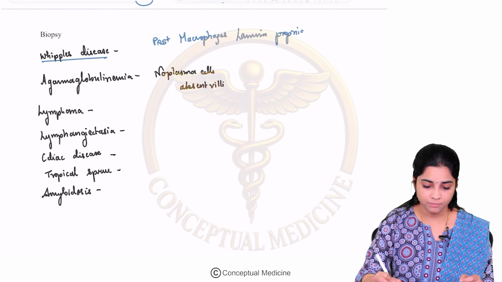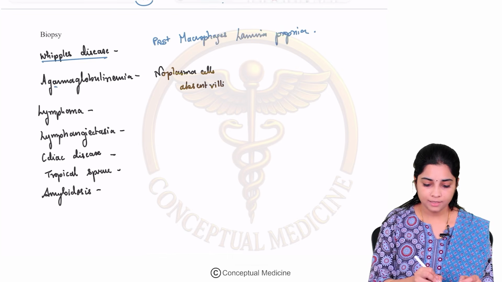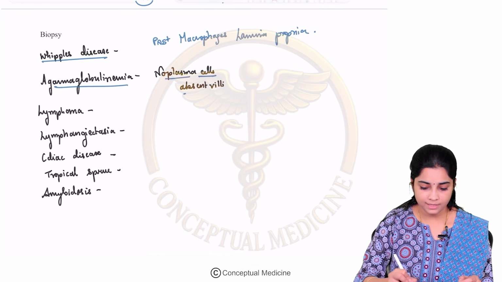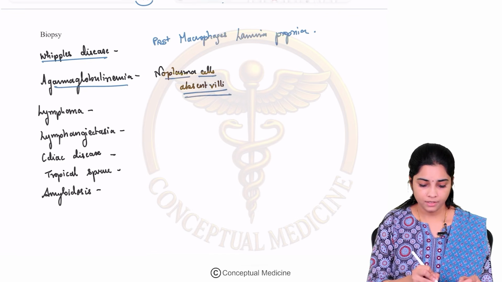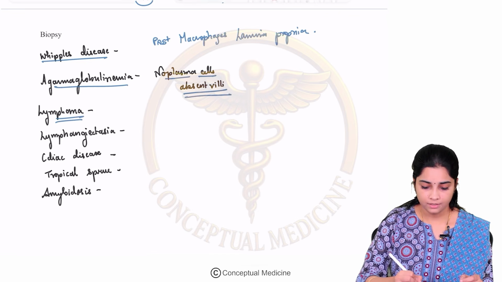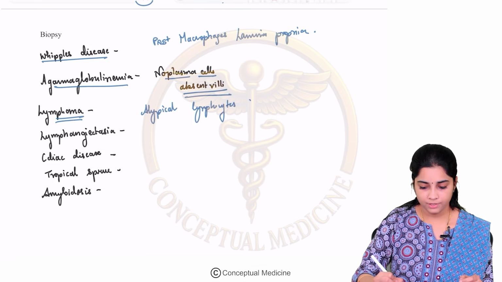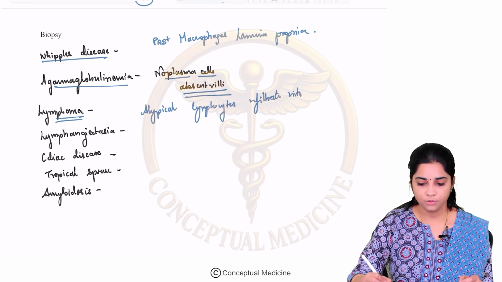In agammaglobulinemia, you can find no plasma cells and absent villi. In lymphomas, you can find atypical lymphocytes which infiltrate into the submucosa.